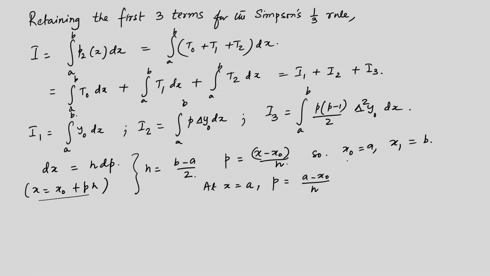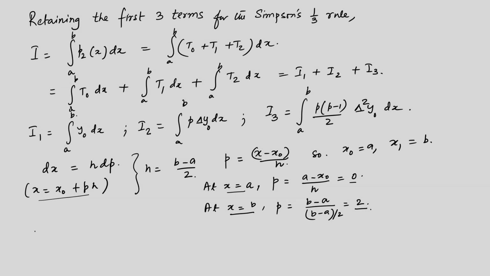Now, a is equal to x 0, so p is equal to 0. At x equal to b, p is equal to b minus x 0, and x 0 is of course a, so this is b minus a divided by h, and h is b minus a by 2, so this is equal to 2. So, at x equal to b, p equal to 2. So, when we replace these integrals from dx to h dp, we will have to write from 0 to 2. That is the main idea.